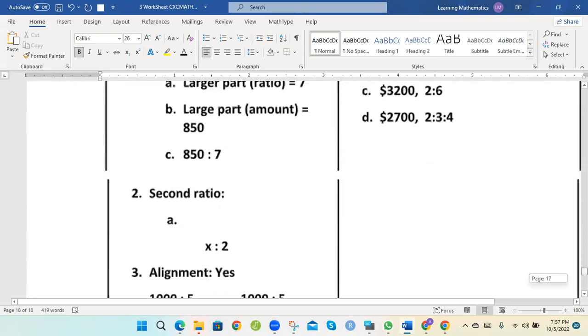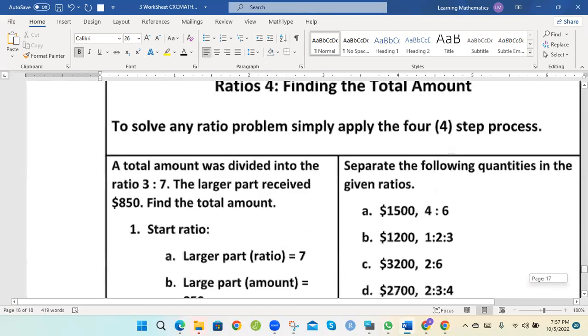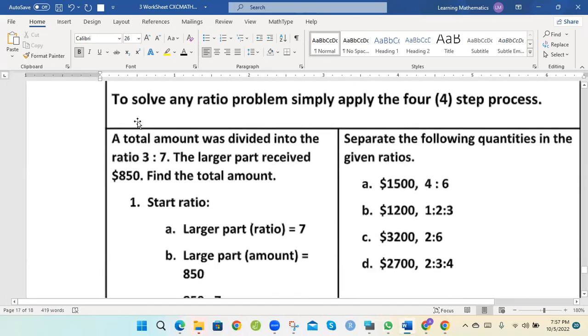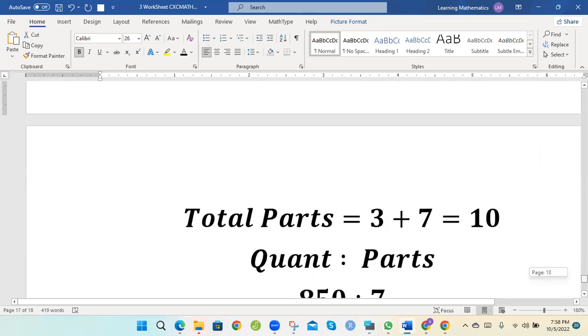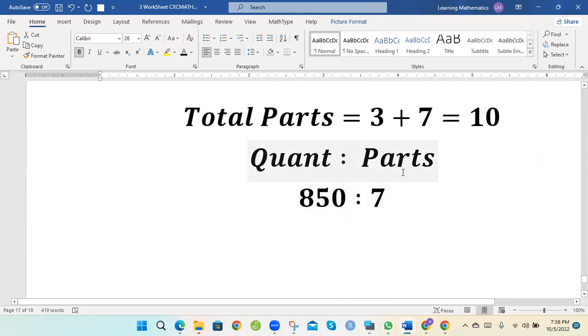What is the purpose of the question? We're trying to find the total amount, the total quantity. Oh, by the way, that's another labeling you can use. Instead of saying quantity, you can use amount and parts. It could be amount and parts.